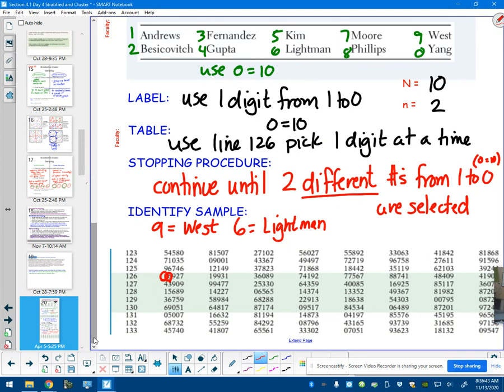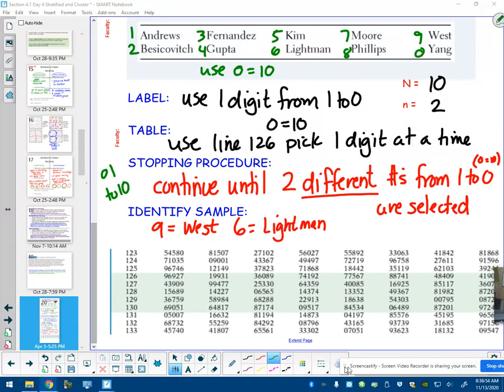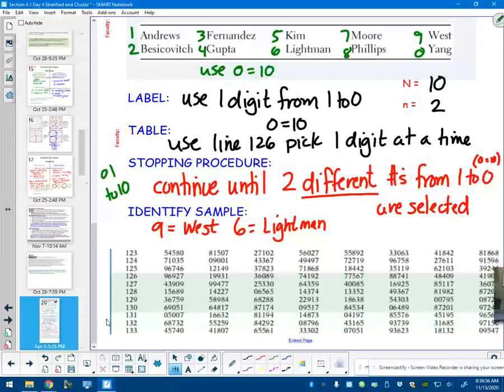Okay, just so you guys know, look what would happen if I did 2-digit numbers, from 01 to 10, and we use the same line that Ben told us about.